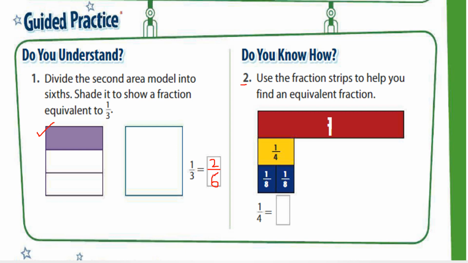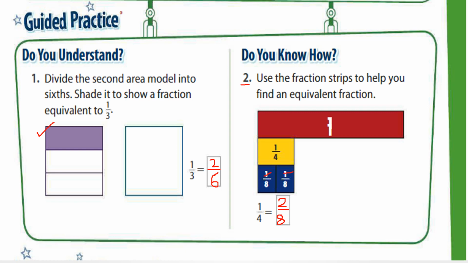Okay. Question 2. Use the fraction strip to help you find an equivalent fraction. So we can use this fraction strip. So 1/4 is equal to, this yellow part is equal to how many blue parts? 2 blue parts. Very good. So 1 plus 1 will make what? Excellent, 2. And the denominator will be the same.